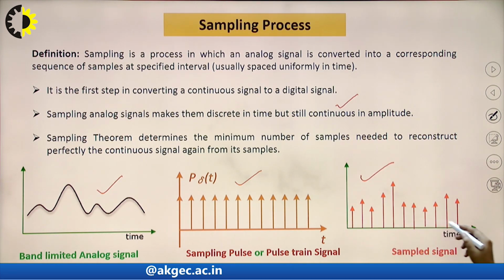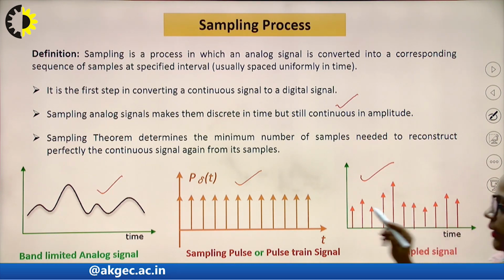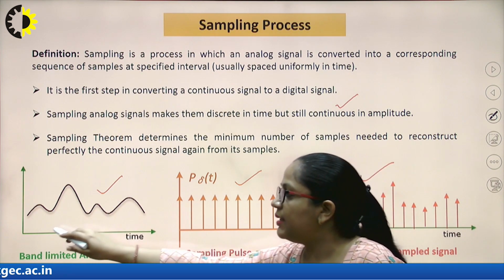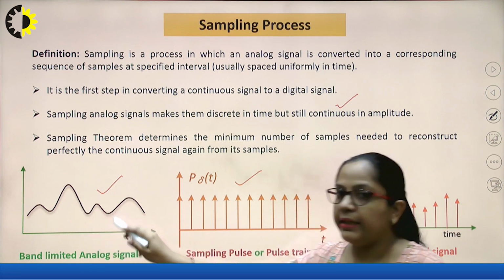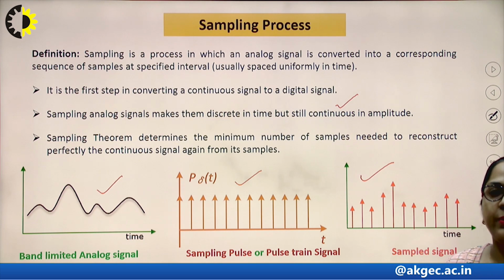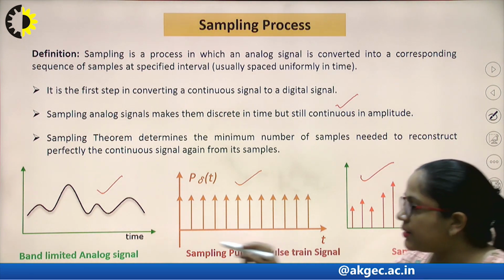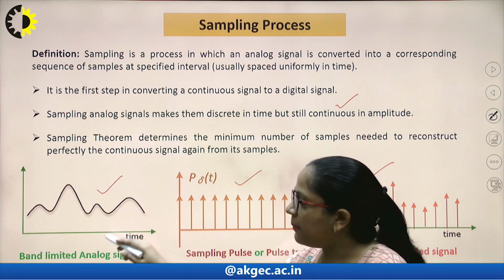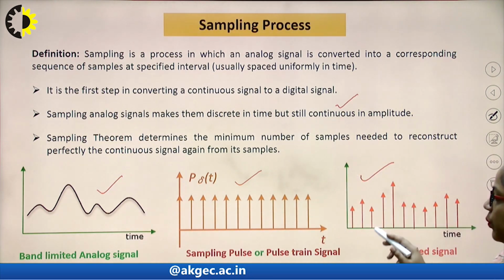What is this sampled signal? In a continuous analog signal, the signal is available at each and every time instant. Even between 0 and 1 second there are infinite time intervals, and the signal is available for the entire duration. When we perform the sampling, then at the output we get the sampled signal.